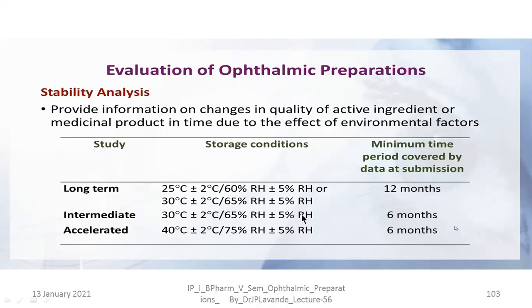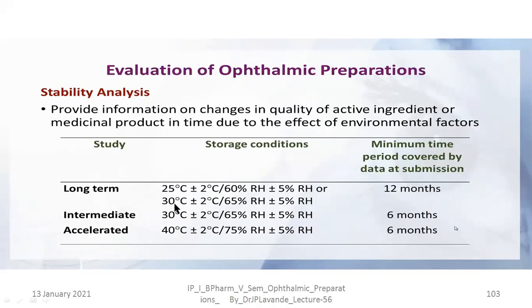Compared to this, in the accelerated case, the parameters are increased, aggravated toward the higher side. So instead of 30 degrees centigrade, there is 40 degrees, and instead of 65% relative humidity, there is 75% relative humidity. And as I said, the duration will remain the same, that is 6 months.